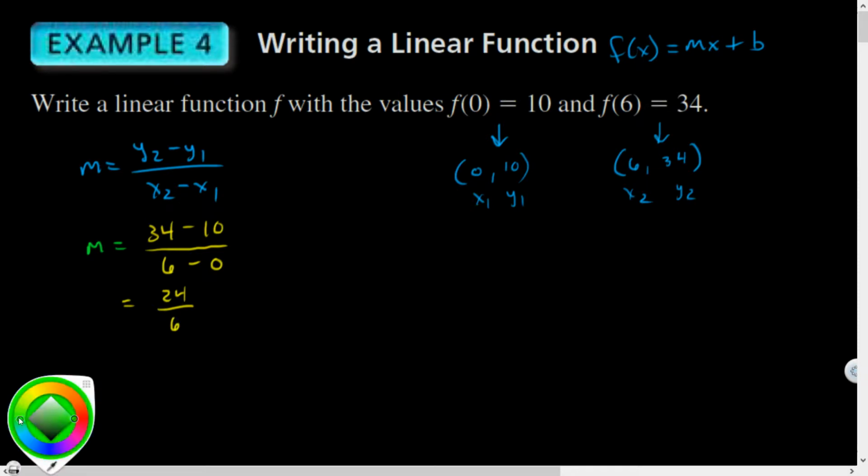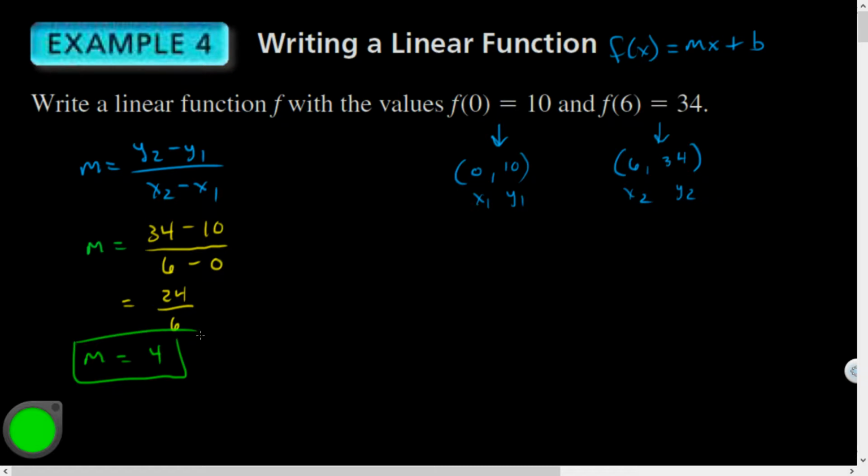What's my m going to be? 24 divided by 6 is 4. You could think about that as 4 over 1 if you want, but m equals 4 is the simplest way to write it. And for my b value, they conveniently gave us the y-intercept.